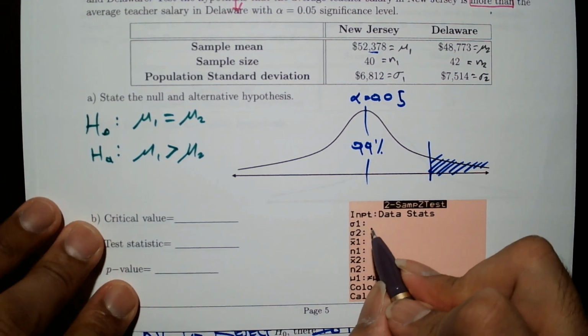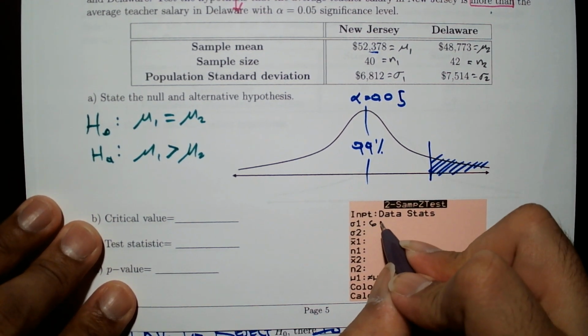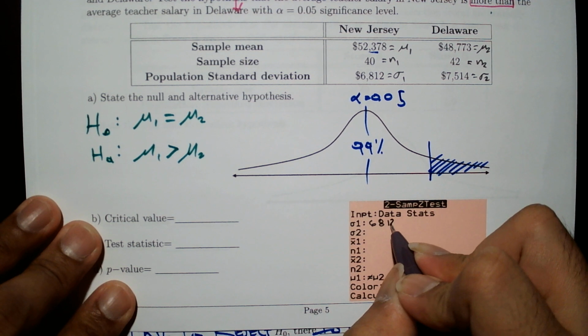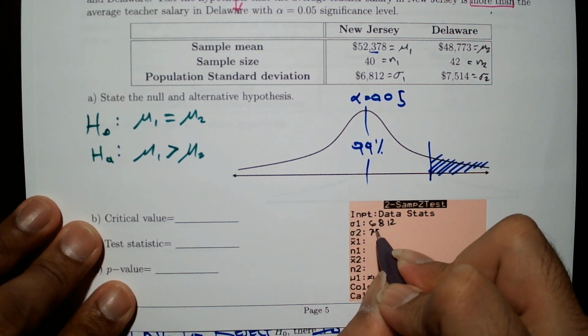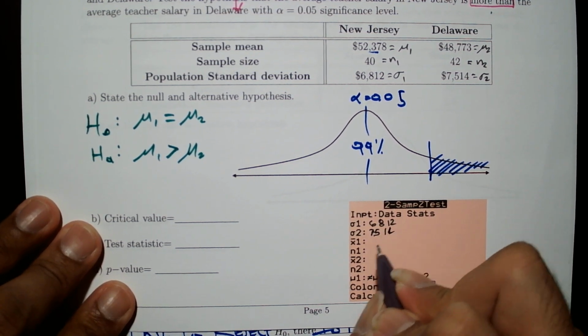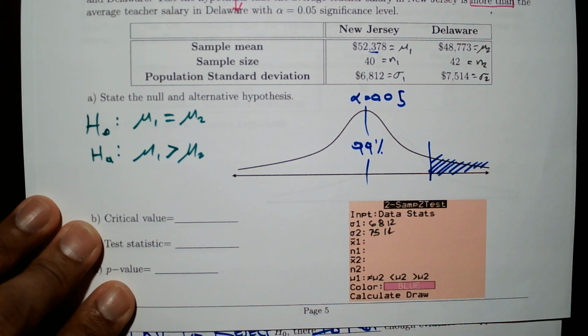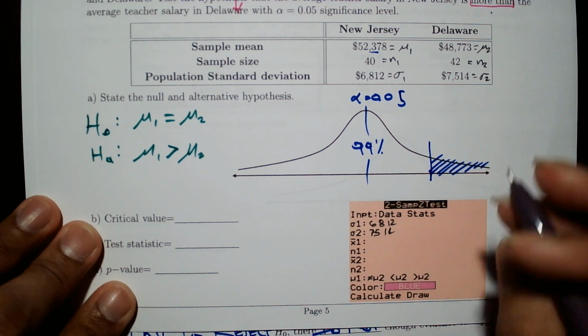So sigma 1 is 6812, sigma 2 is 7514. x1 over n1, well, actually, in this case, it's not mu.